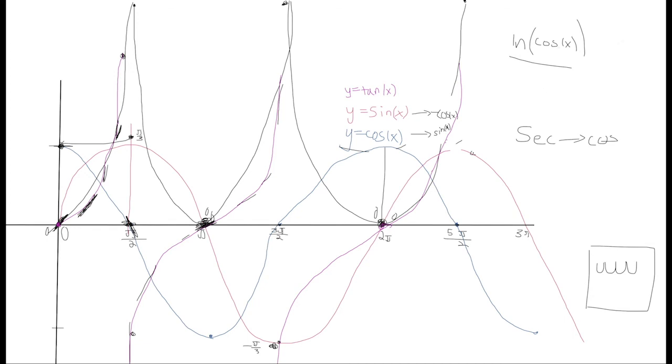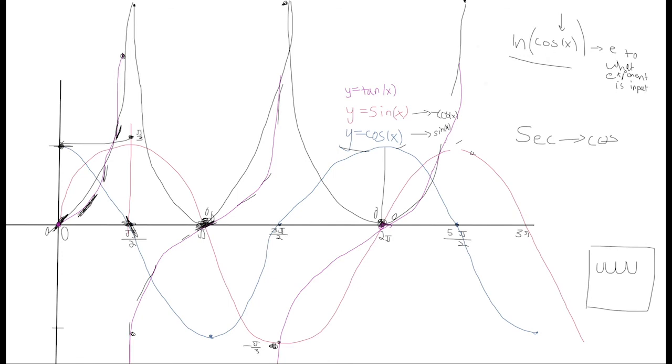And just as a reminder, what ln does is it takes in an input. In this case, it would take the input cosine of x, and it would say e to what power, e to what exponent is equal to cosine of x, right?